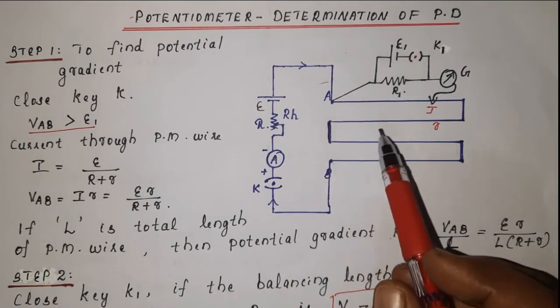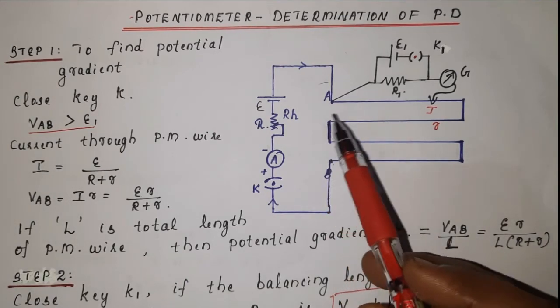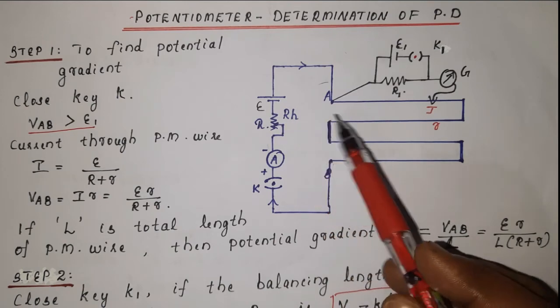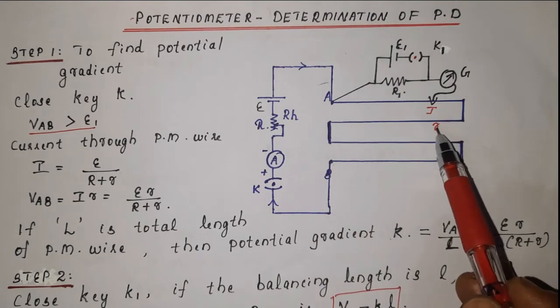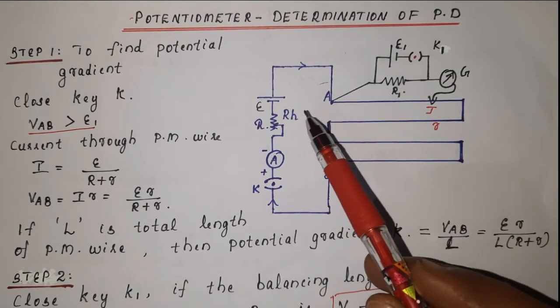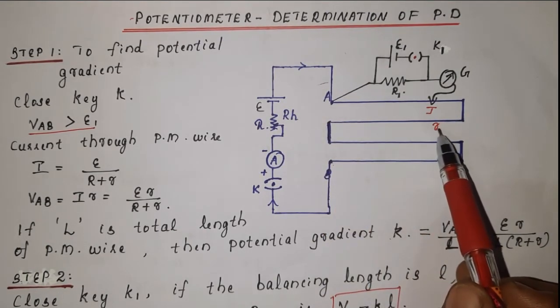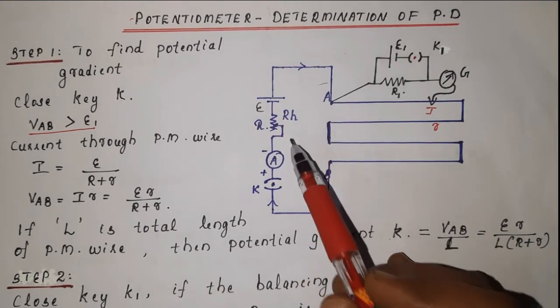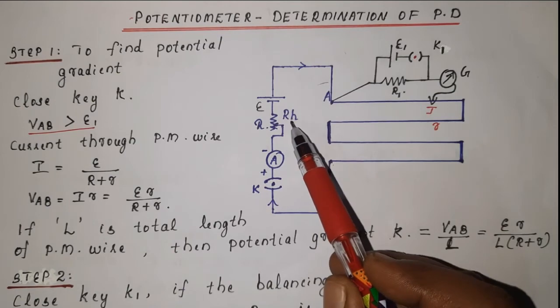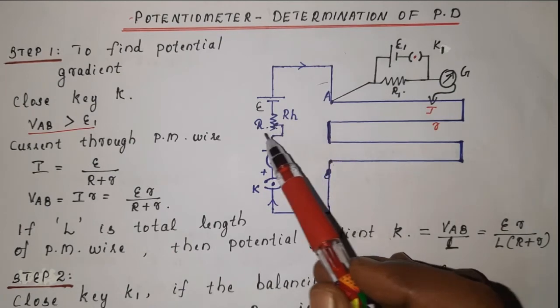The current through the potentiometer wire is given by I equal to epsilon divided by R plus r, where small r is the resistance of the potentiometer wire and capital R is the resistance introduced in the rheostat, or the variable resistor.